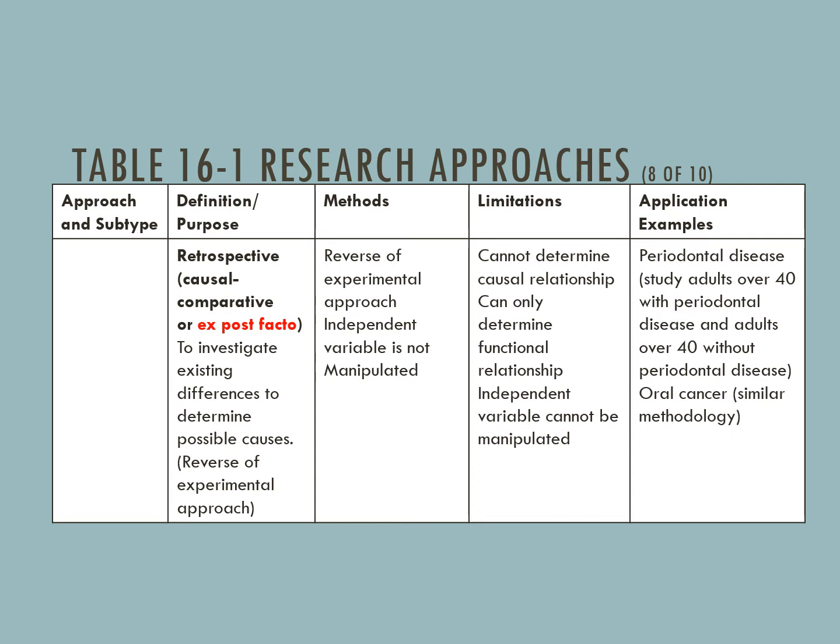Because we didn't intervene in some way in order to cause the outcome, we can't say that the outcome was because of the intervention. It can only determine functional relationships, and the independent variable cannot be manipulated. Because we can't manipulate the independent variable, we can't say for certain that the independent variable was what caused it.